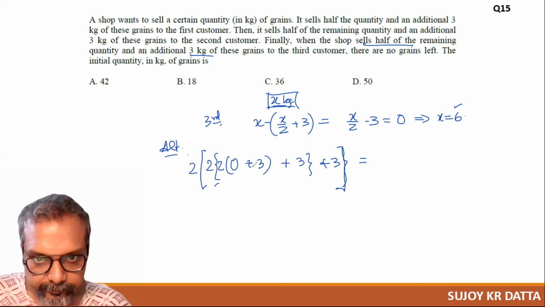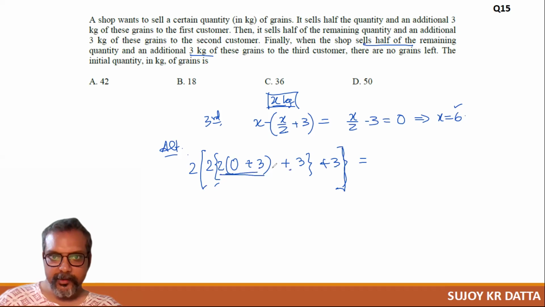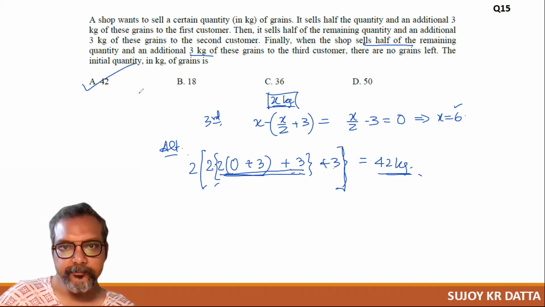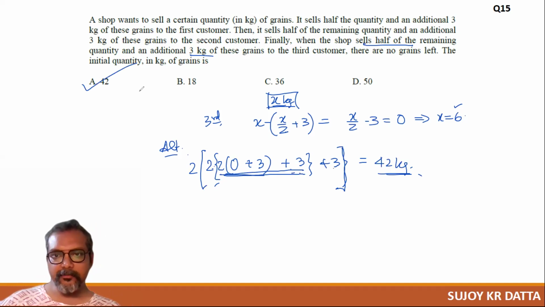So how much is that? 3 plus 6 is 9. 9 times 2 is 18. 18 plus 3 is 21. 21 times 2 is 42. So you had 42 kgs initially. So that's the first option. Let's go on to the next.